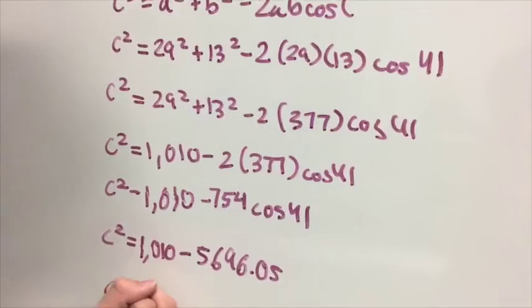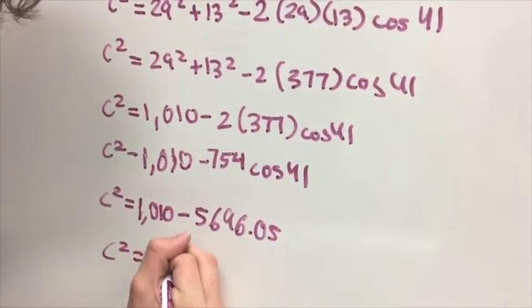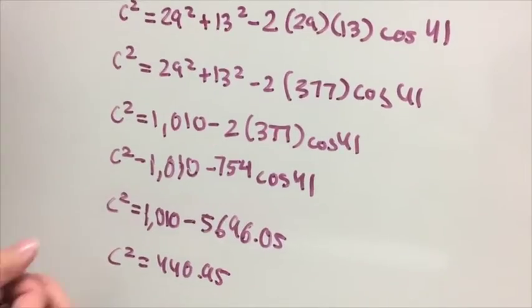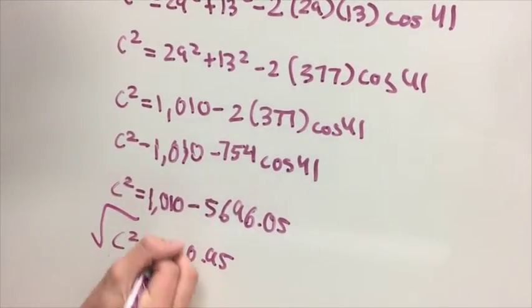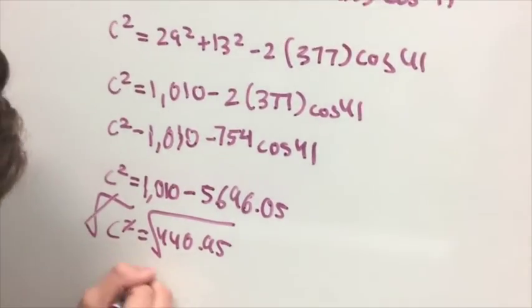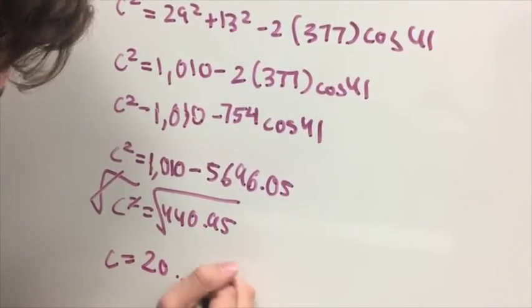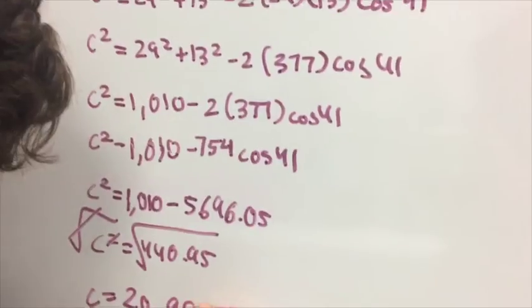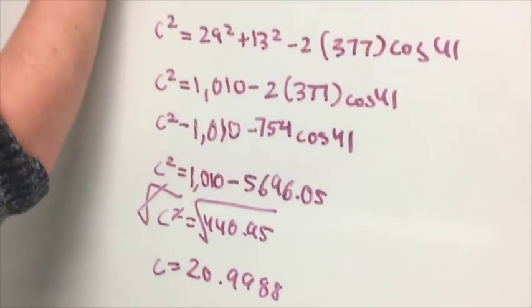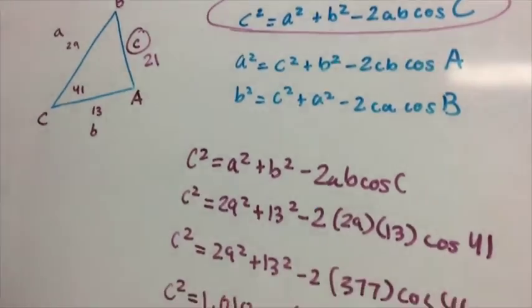So c squared will equal 440.95. After this, we want to square root both sides, and these two will cancel out, and we'll get c equals 20.9988. So we can round that to 21, so c will equal around 21.